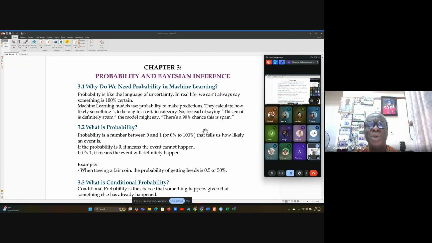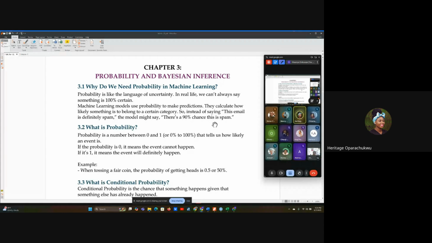So when you hear something like there is a 90% chance that an email, for instance, is spam, what does that connote? Yes, what does that connote? If you hear that there is a 90% chance that an email is spam. That means it is actually spam.